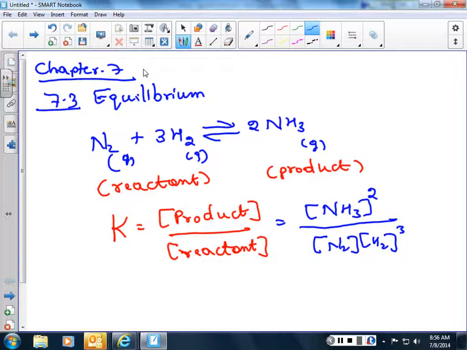CO2, capital K equal to CO2 square, that's right. Divided by CO square or CO2, you're right. Correct.